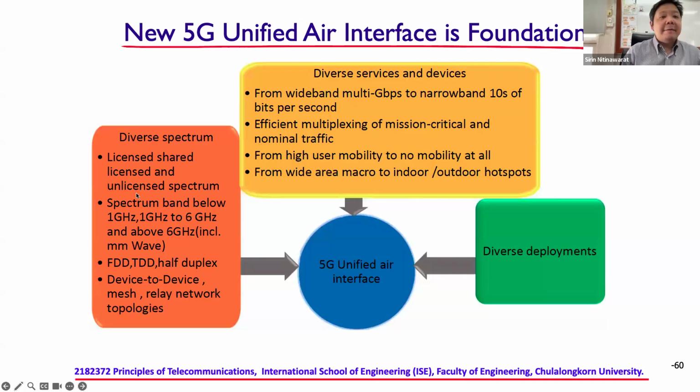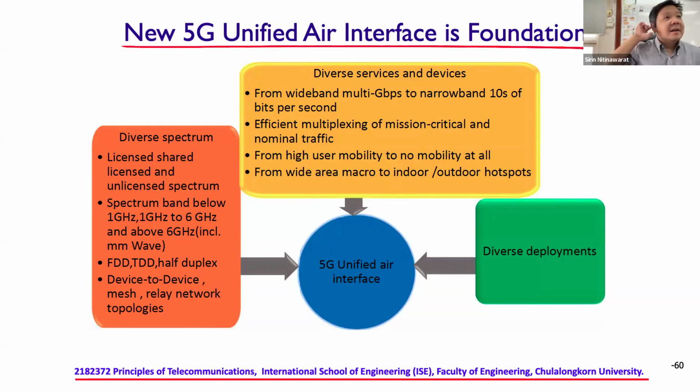Okay, what are the differences between licensed shared, licensed, and unlicensed spectrums? Do you know the differences? When we talk about, let's say, licensed and unlicensed spectrums, how are they different? Why are they called licensed? Why are they called unlicensed?